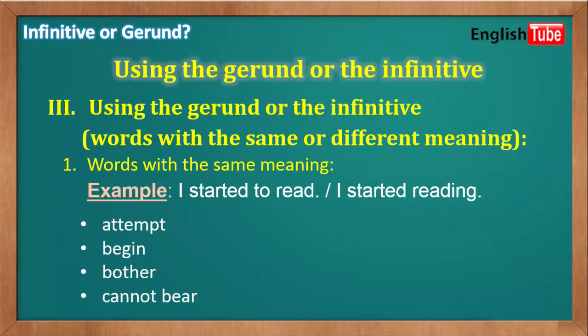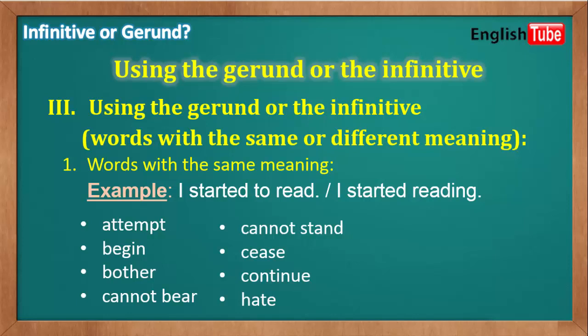You got the verb attempt, okay? I attempt to do something, or I attempt doing it, so there is no difference in meaning. Begin, again, I begin to do something, it's the same like start, or I begin doing it, right? It's the same. Bother, cannot bear or cannot stand, yes. Cease, I cease to do something, or cease doing something, okay?